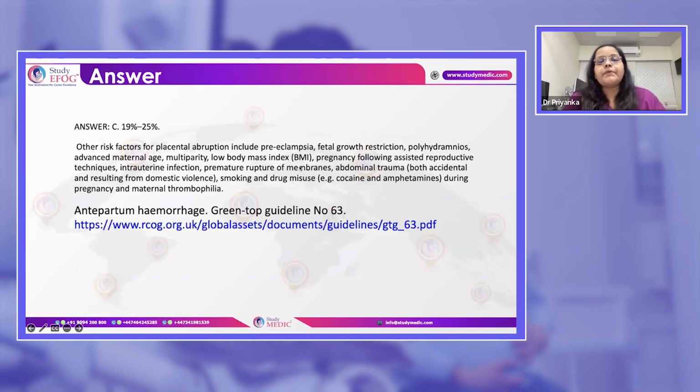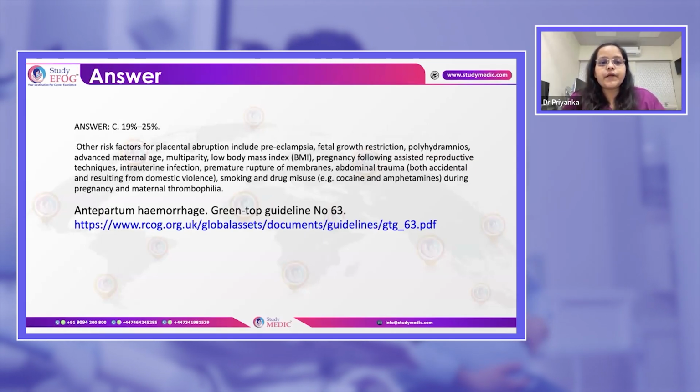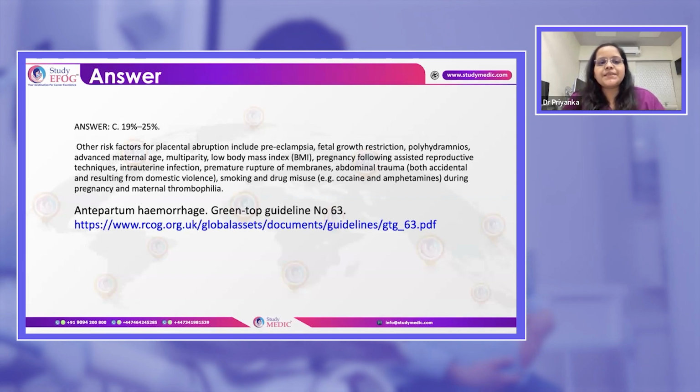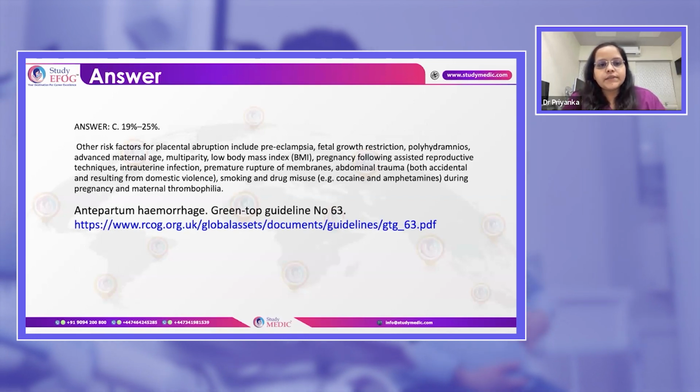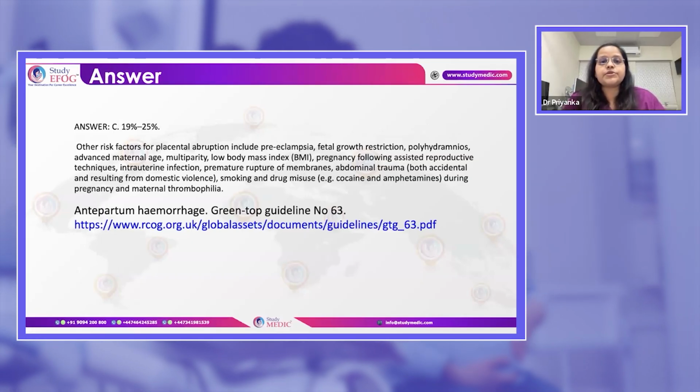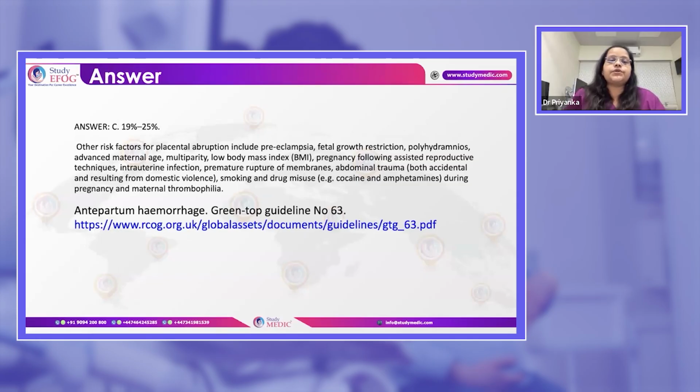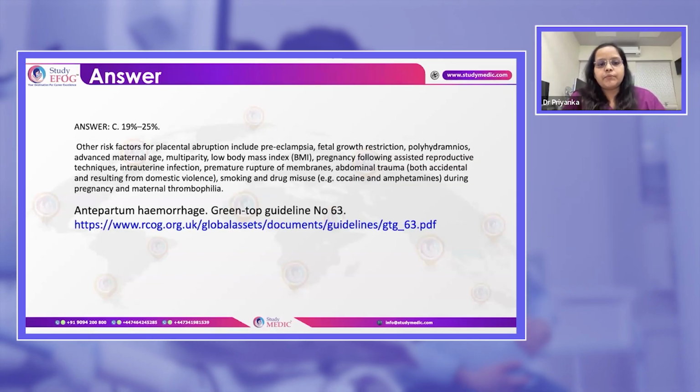They include hypertensive disorders, that is preeclampsia, fetal growth restriction, polyhydramnios, short cord, advanced maternal age, or a low BMI, multiparous woman, IUI conception or IVF, smoking, and drug misuse, especially cocaine, which is associated with placental abruption.